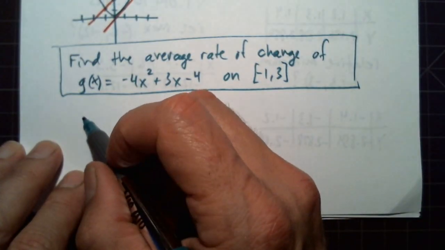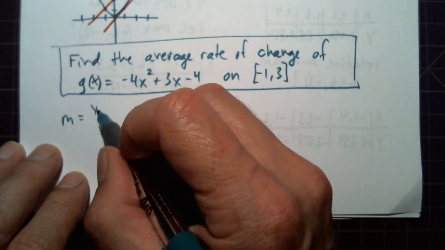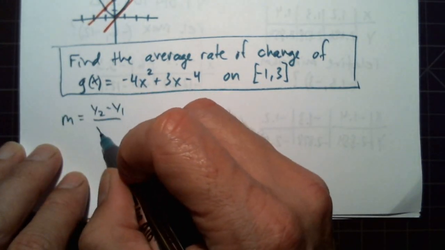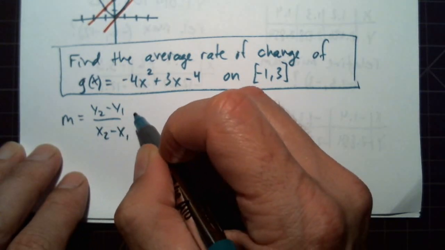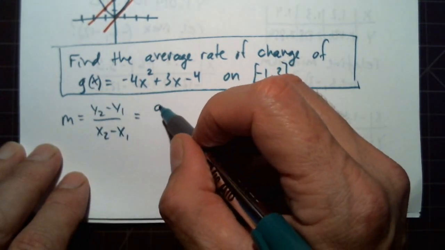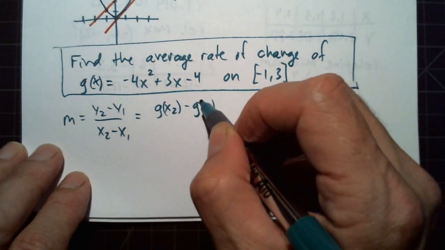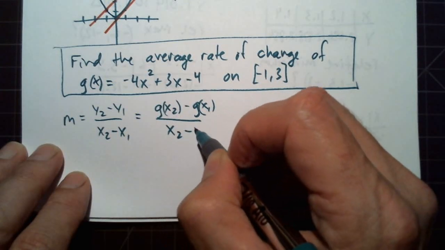Alright, we don't have to show all this work every time, but we know slope is y2 minus y1 over x2 minus x1. And if we write instead of a y, we'll say g of x2 minus g of x1 over x2 minus x1.